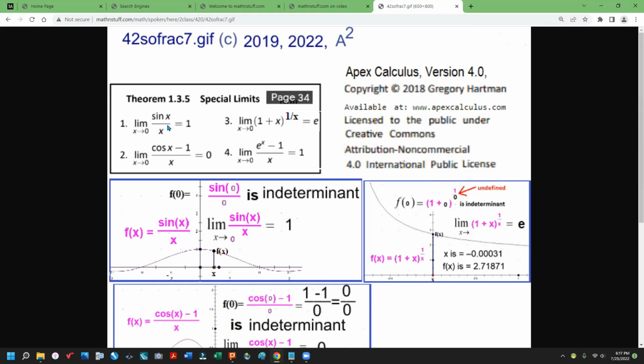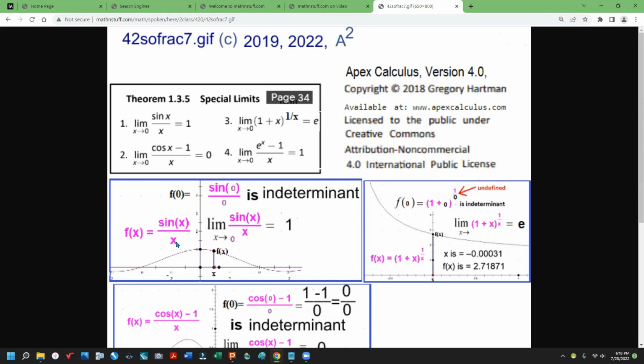I've taken his special limits and examined them with respect to this idea of indeterminate. Indeterminate is when you have a 0 over a 0. So if your function is sine of x over x, the graph of the sine is 0 at 0.